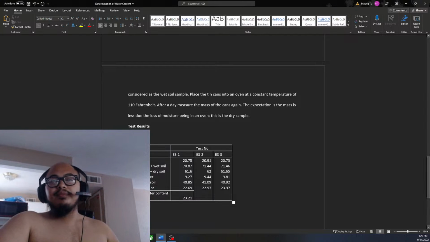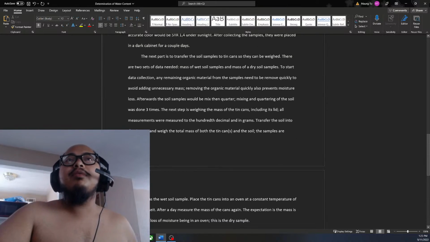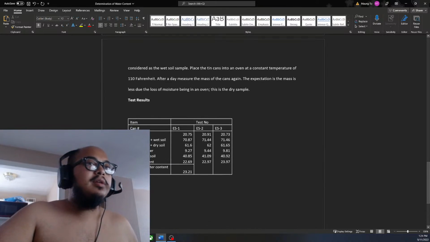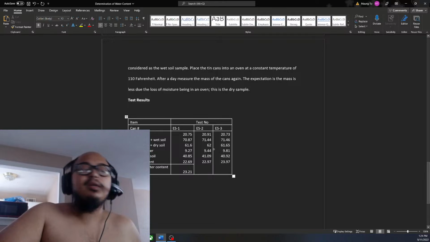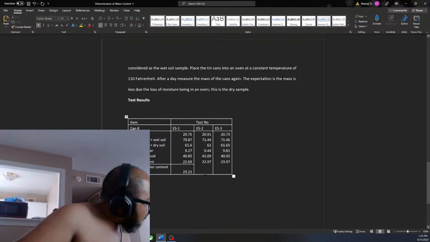Okay. Let's see. What should I write for the figure heading or table heading? So this is about the mass of can. Most soils that are sandy, gravel nature might have water content too.